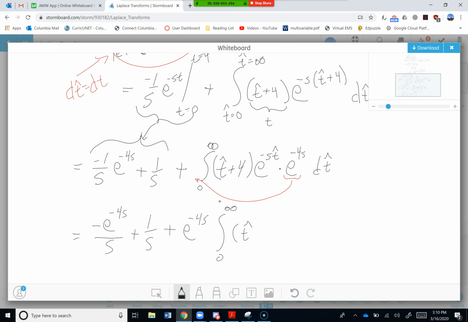t hat. Oops, I got ahead of myself. Okay, and then I'm going to distribute. So I get t hat e to the minus st hat dt hat plus the integral from 0 to infinity of 4e to the minus st hat dt hat.